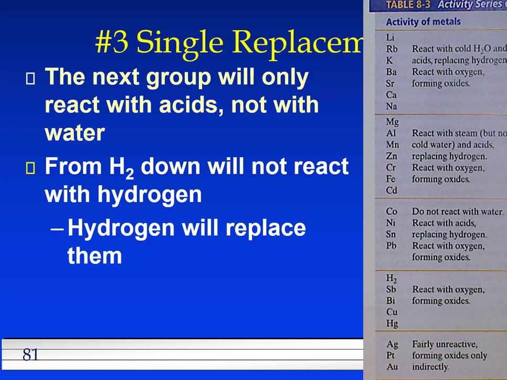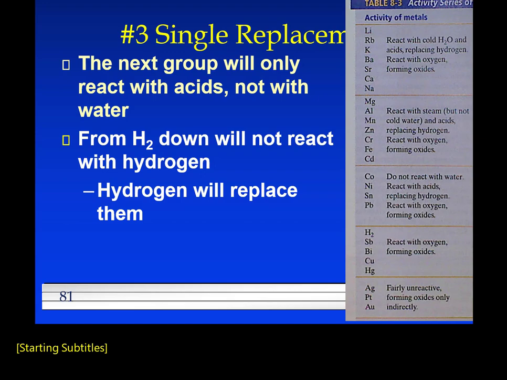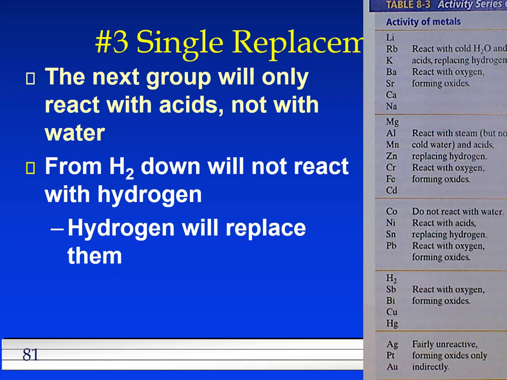Well, if you had H2 plus CuO, Cu couldn't replace H2, but H2 can replace Cu, so H is going to end up next to O, and Cu is going to end up by itself.